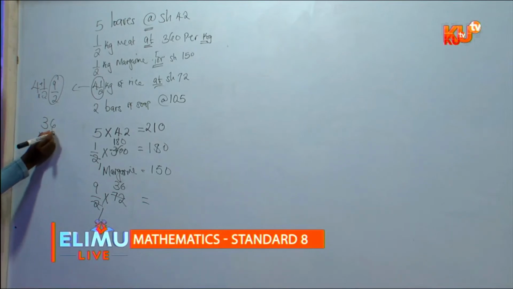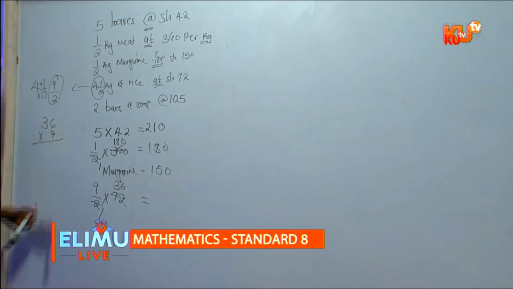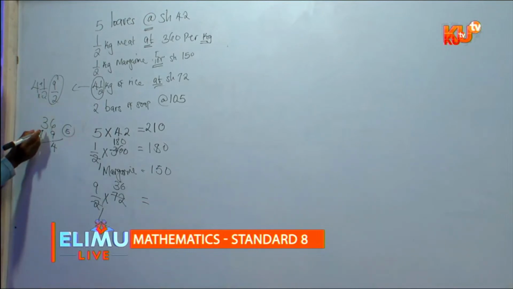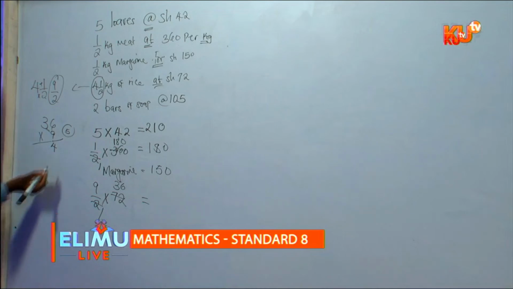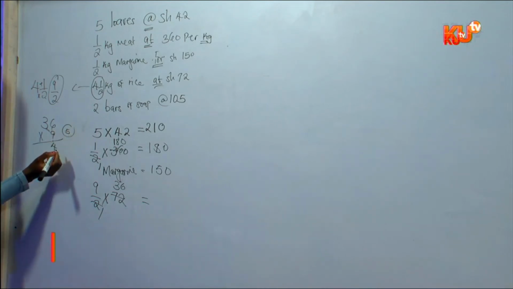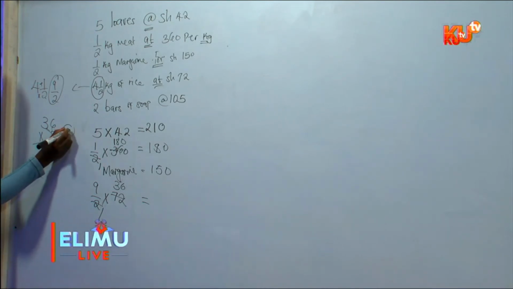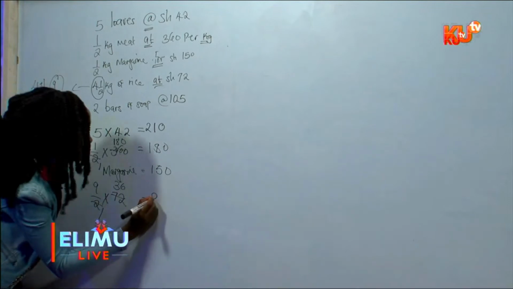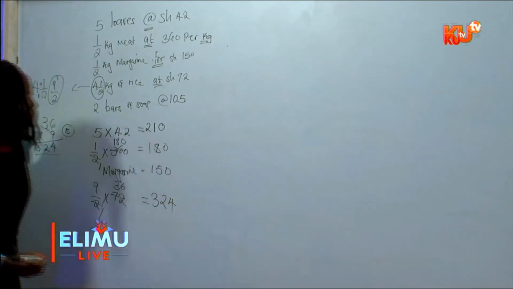36 times 9. 9 times 6 is 54. I write 4, I carry 5. Then 3 times 9, 27. 27 plus 5 is 32. So 324.